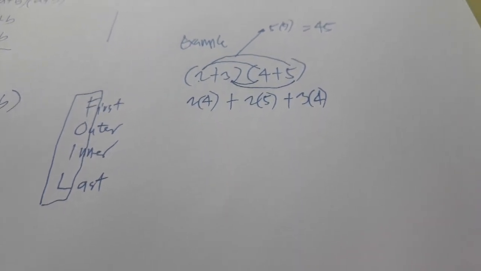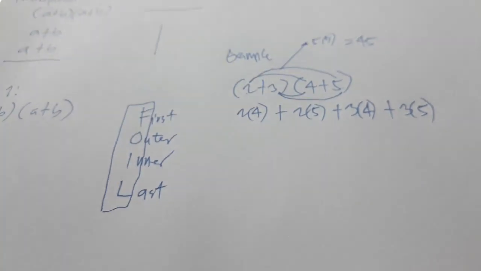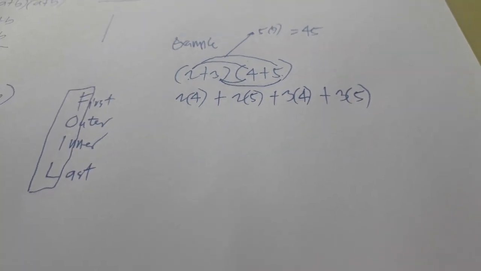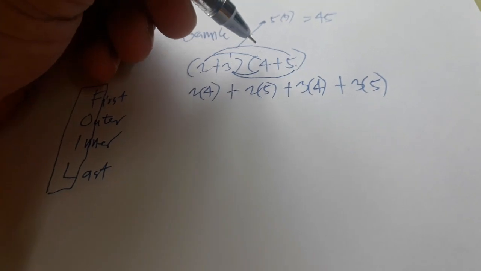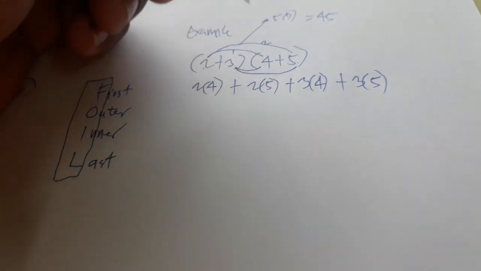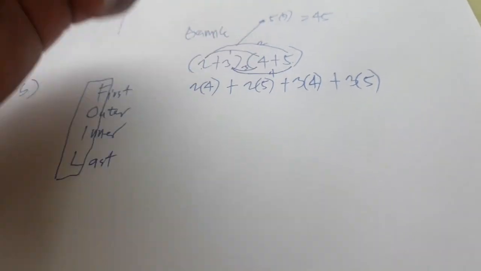So what is our last? We have 3 and 5. So 3 times 5. You can label these the first stroke for your F, for your O, for your I, and for your L.